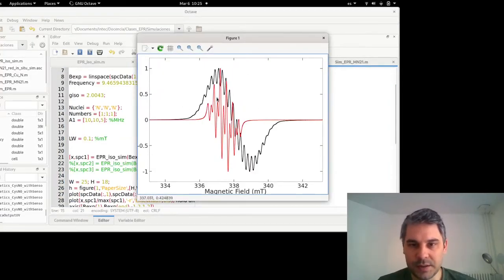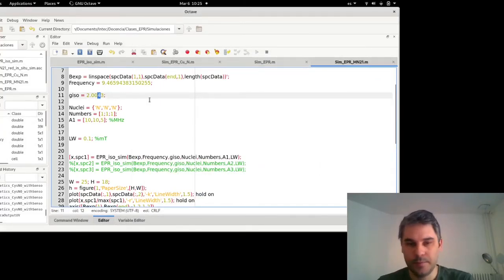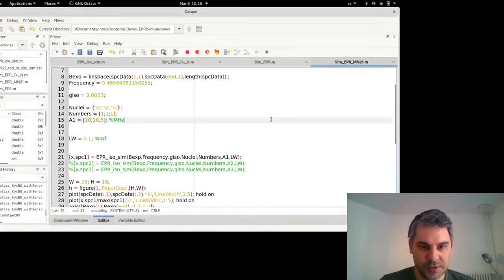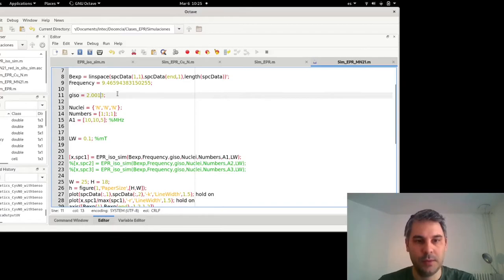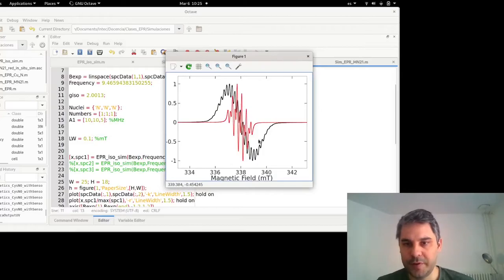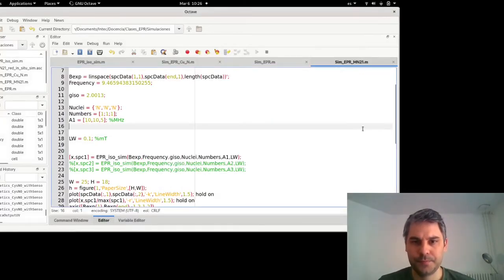And we see here that the pattern is still off, the G value is off, so my simulated spectrum is shifted to a lower magnetic field compared to my experimental spectrum, so that means I need to correct this G value, maybe to this value. Now it's more centered, so to 1. Now it's almost perfectly centered. So I'm going to increase these values a little bit.